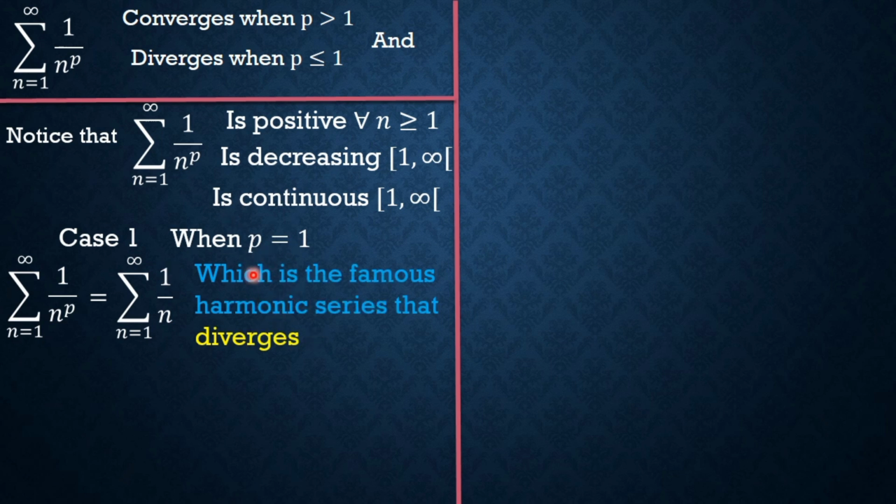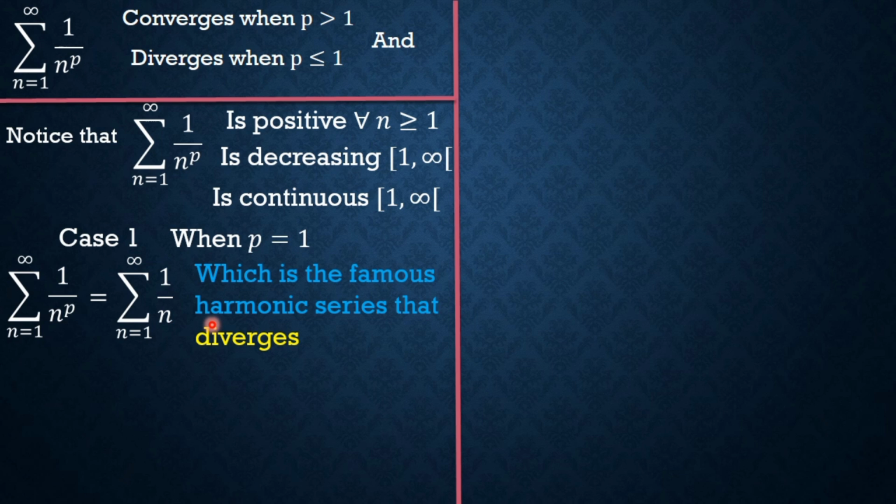As soon as this video ends, I'm going to produce the video proving that this famous harmonic series actually diverges. So this is the case when p equals 1: the p-series diverges.